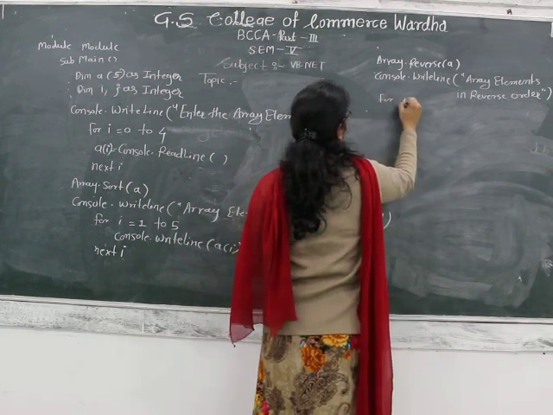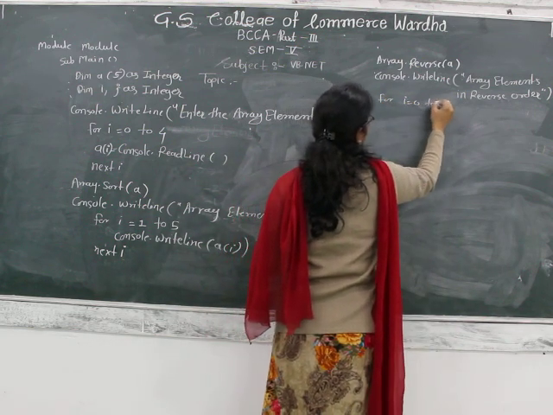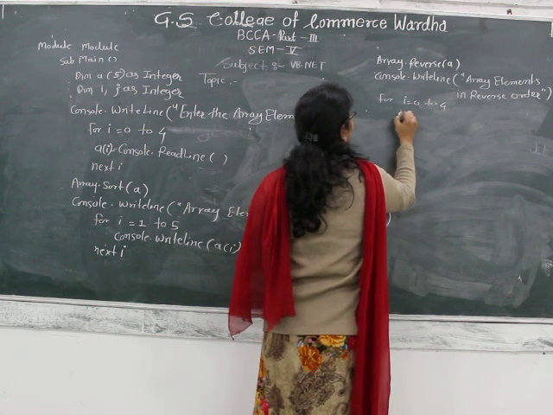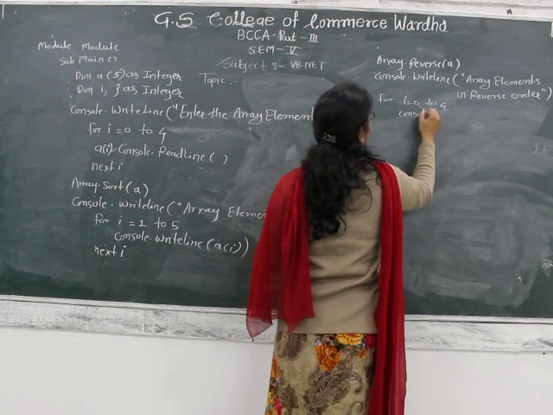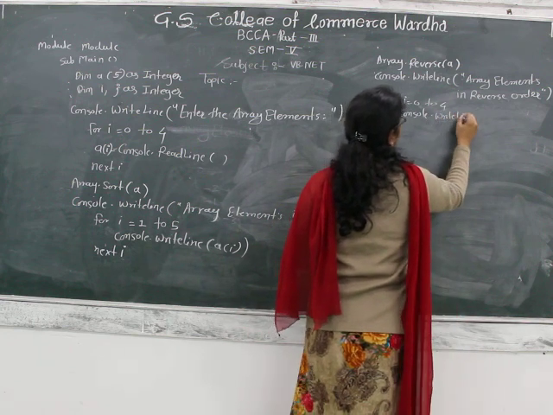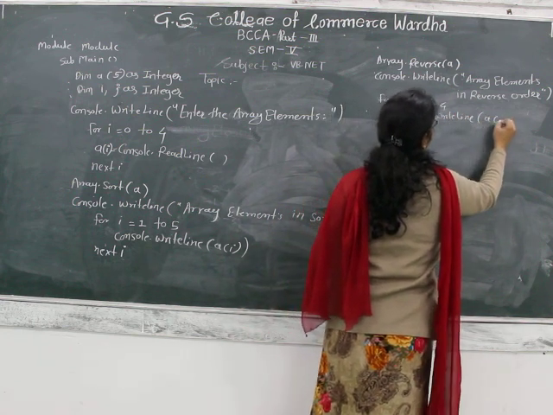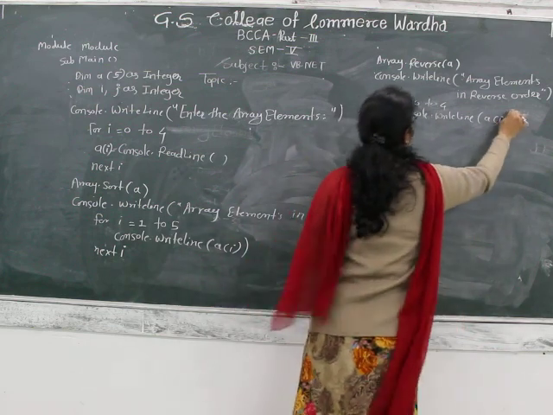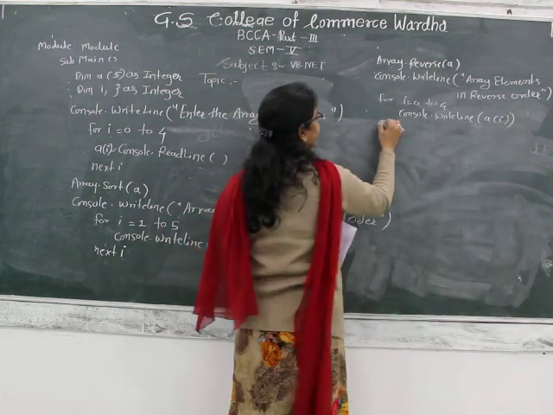Again For I equals 0 to 4, then Console.WriteLine(A(I)) for printing the ith element, then Next I.